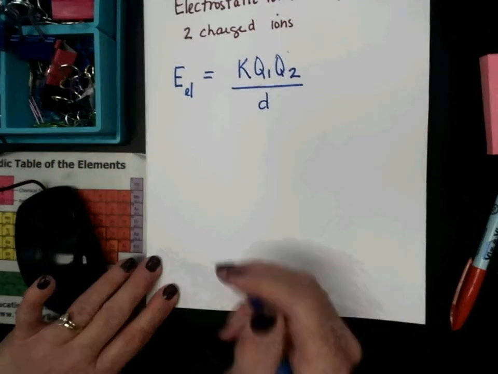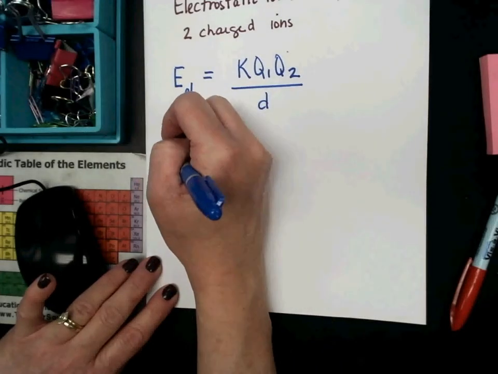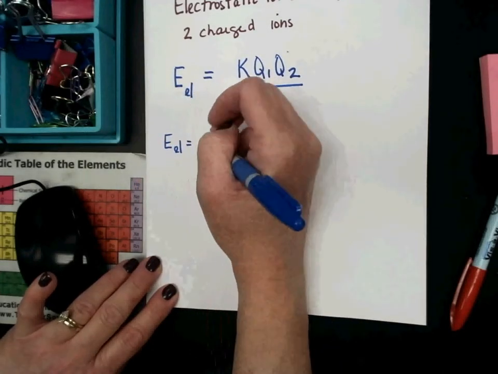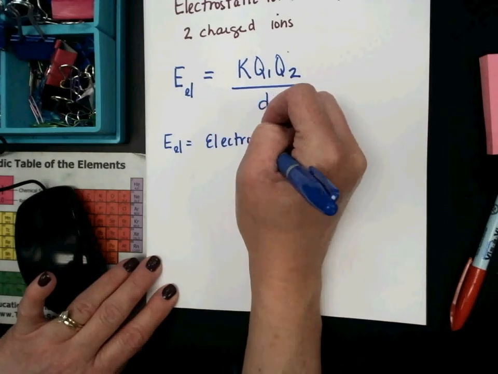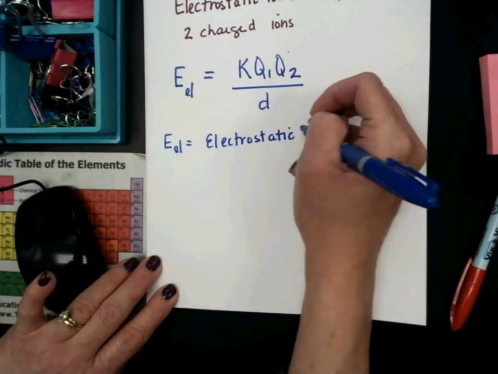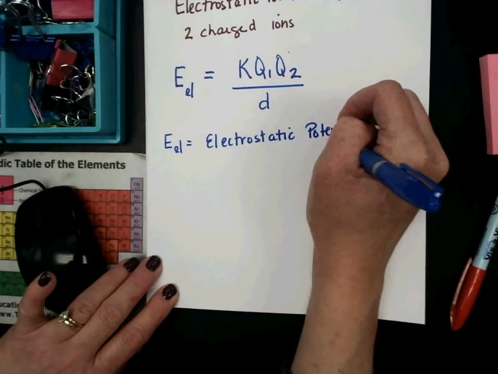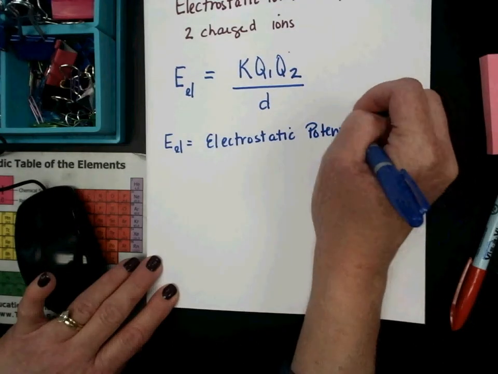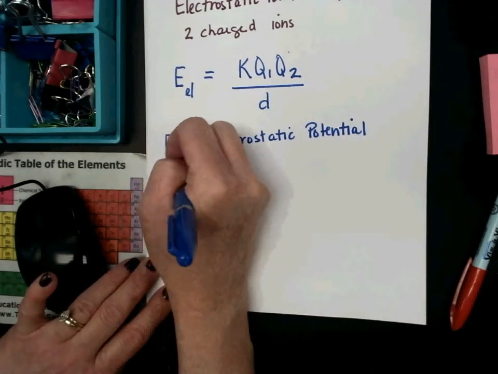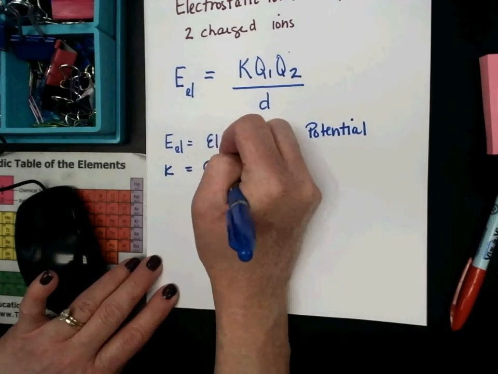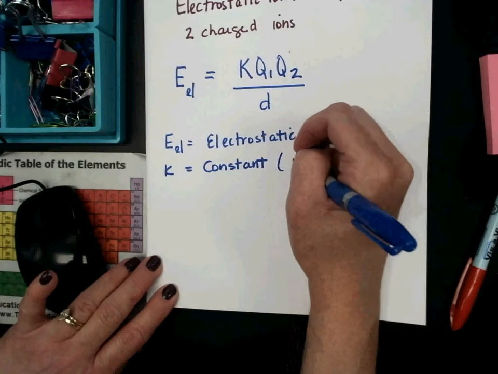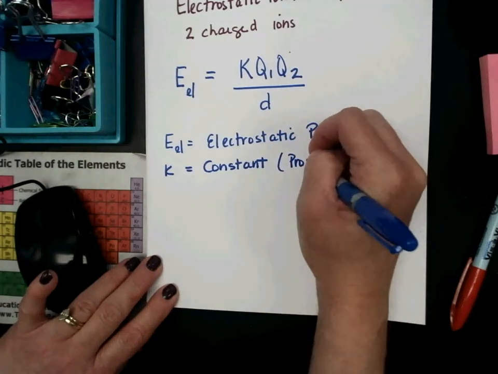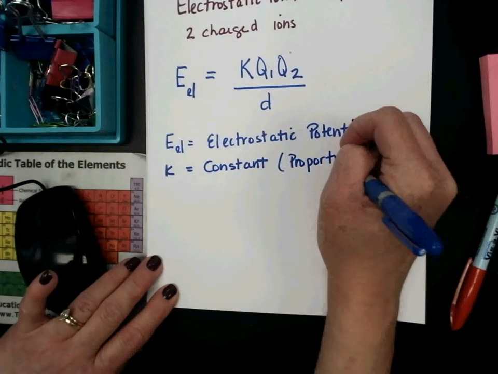And let's look at what those things are. I just said E sub EL is your electrostatic potential. K is a constant. It's actually called the proportionality constant.